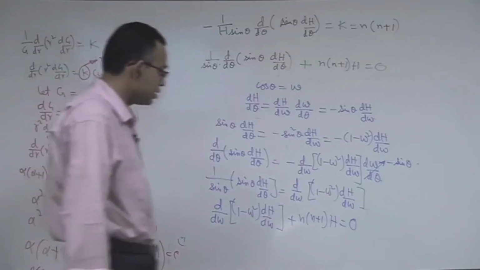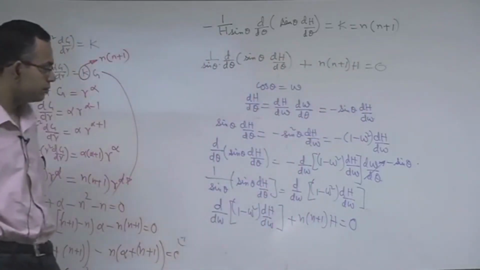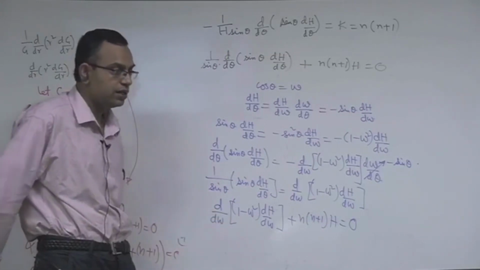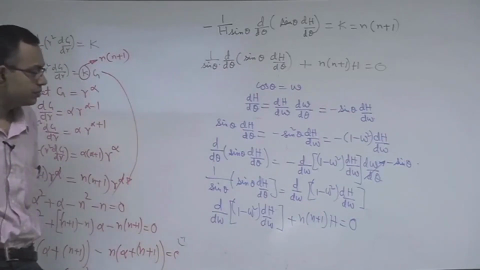So, we are interested to solve this equation, d/dw of 1 minus w square dh/dw plus n into n plus 1 h equal to 0.